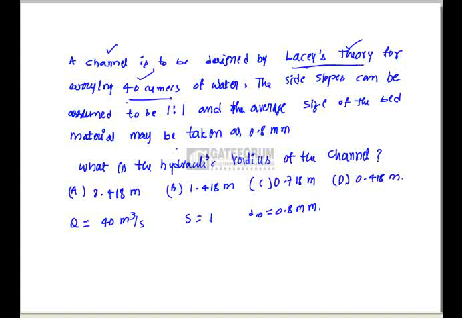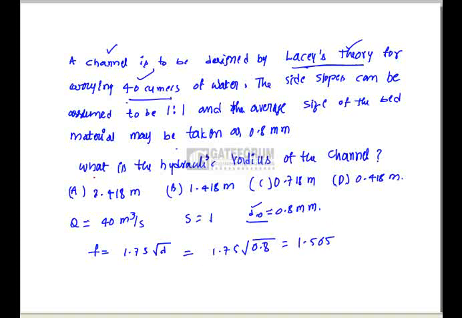From Lacey's theory, we know the silt factor F is equal to 1.75 root D, where D is the effective size of the particle, D10 is 0.8. 1.75 root 0.8 is equal to 1.565.